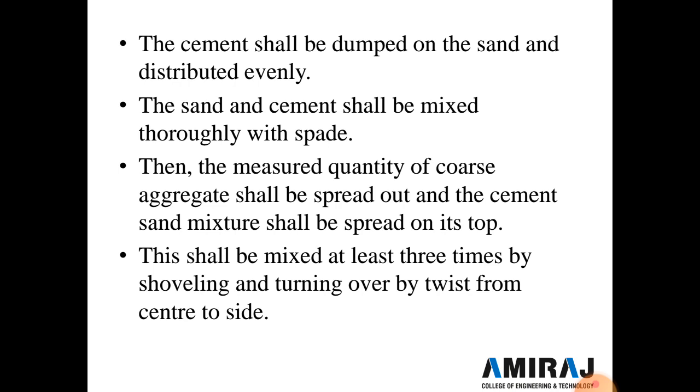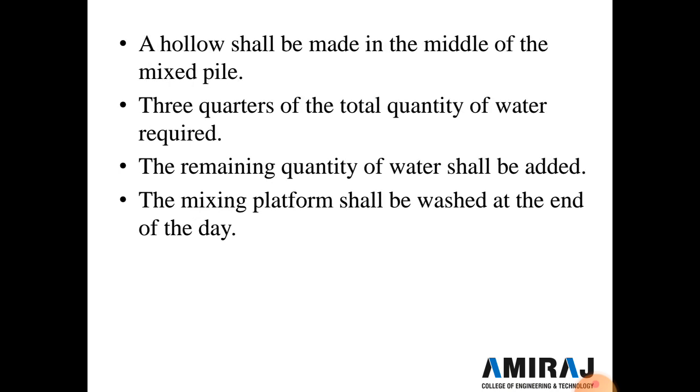Then the measured quantity of the coarse aggregate shall be spread out, and the cement sand mixture shall be spread on its top, and this shall be mixed at least 3 times by turning over from center to side. After that a hollow shall be made in the middle of the mixed pile, and 3/4 of the total quantity of water required shall be added while the material is turned in towards the center with spades.